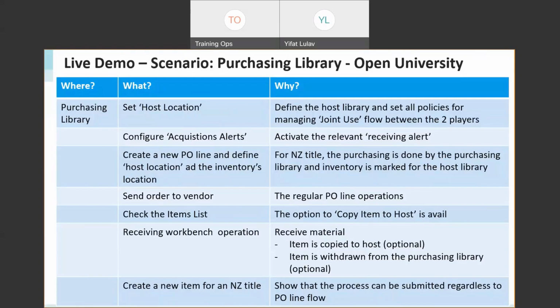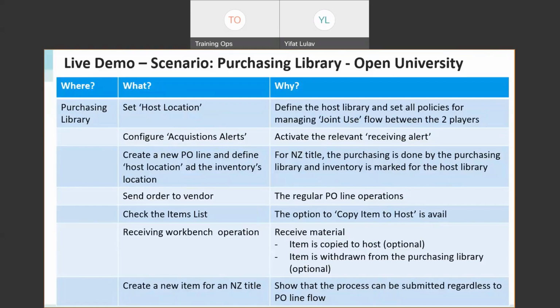And once this action is done, the item is copied to the host, and the item can or cannot be, depending on configuration, withdrawn from the purchasing library. There are libraries that prefer to withdraw items, saying, once I receive the materials and they're moved to their home at the host library, I don't want to have any trace of this material.